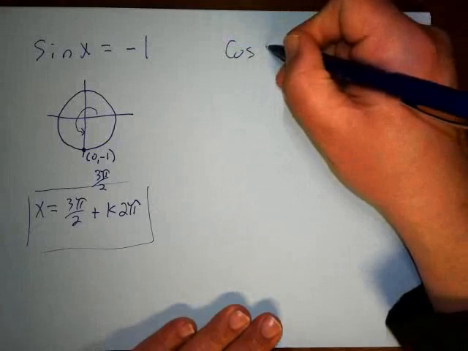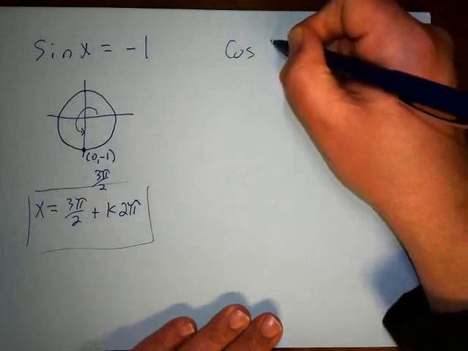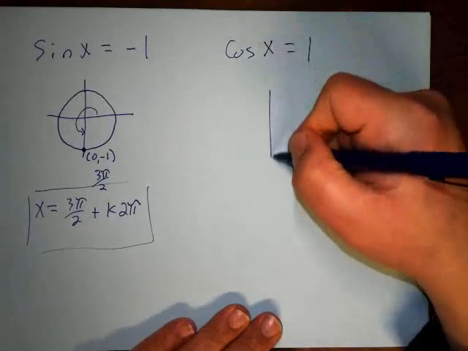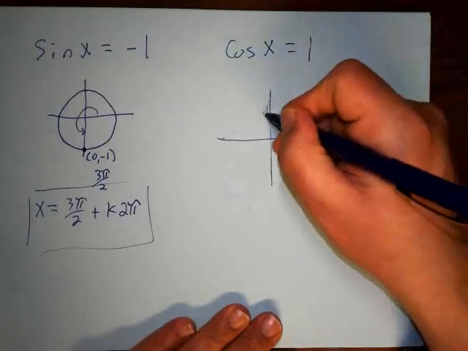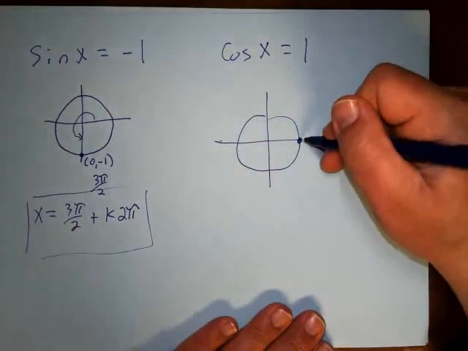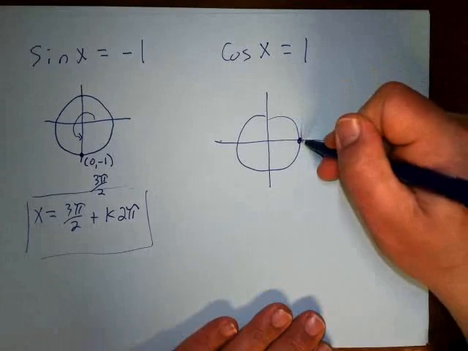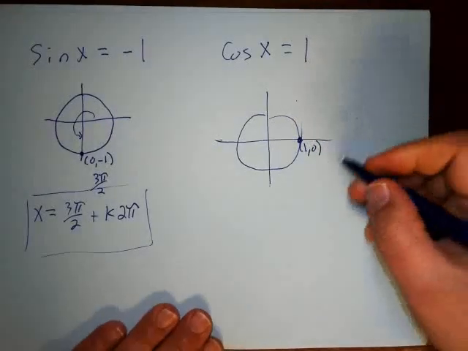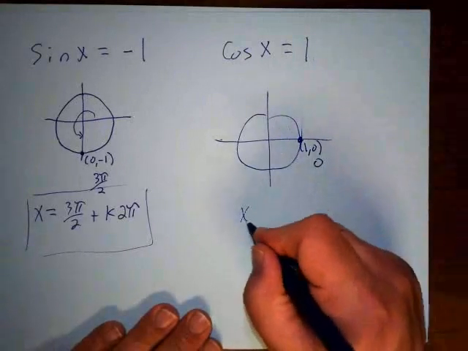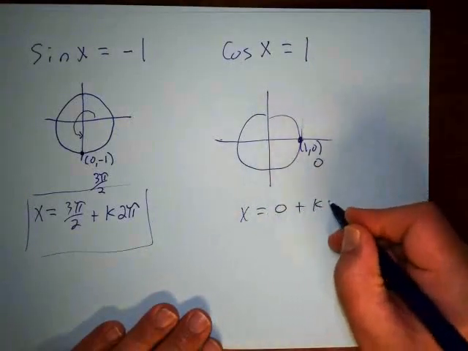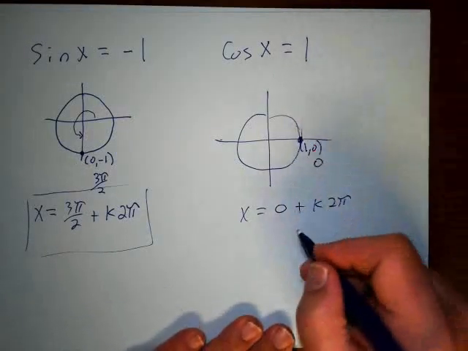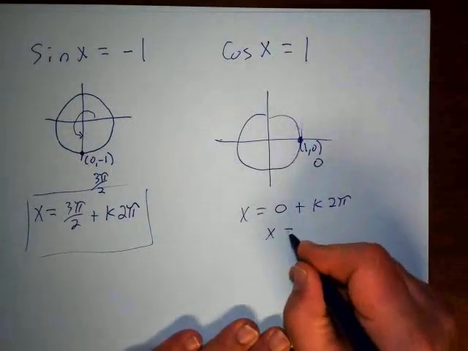So if I had cosine x equal to positive 1, that's right here. There's just that one point on the unit circle, and the angle is actually 0, so you get x is equal to 0 plus k times 2 pi. There wouldn't be another point where it's equal to 1.